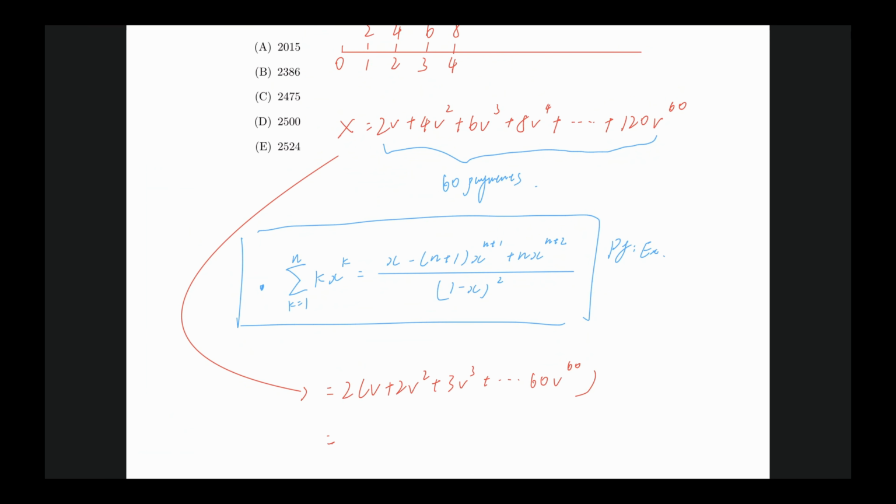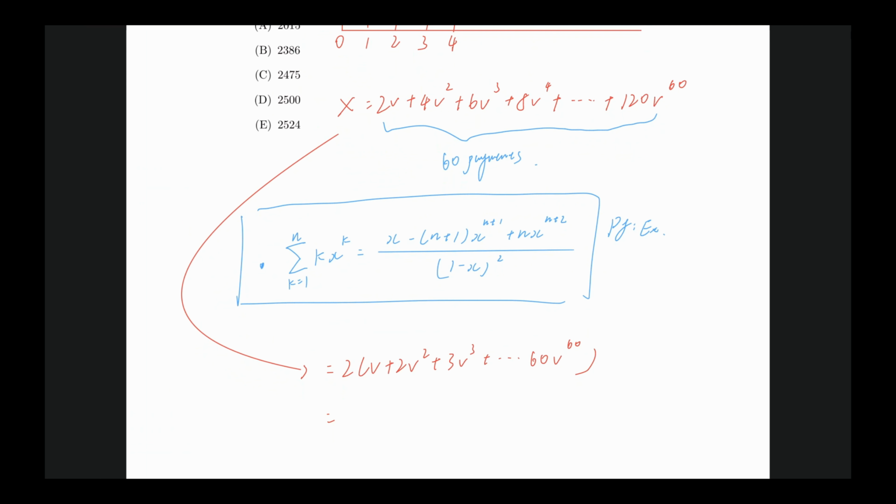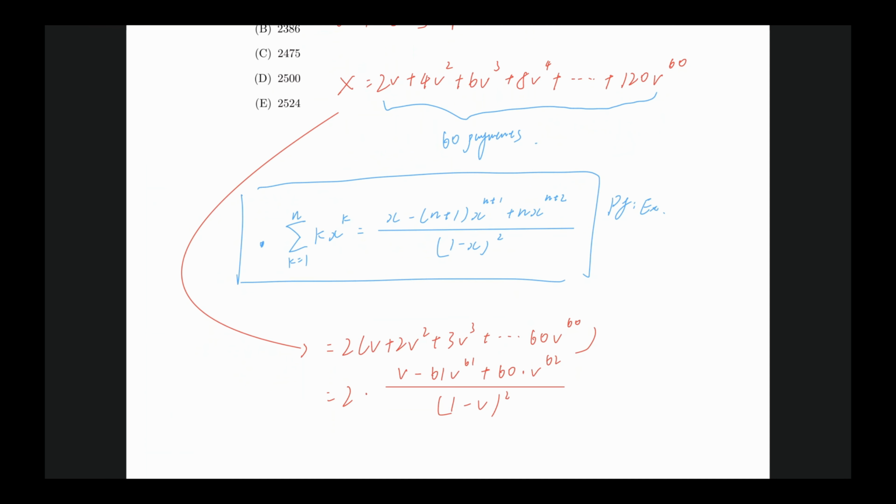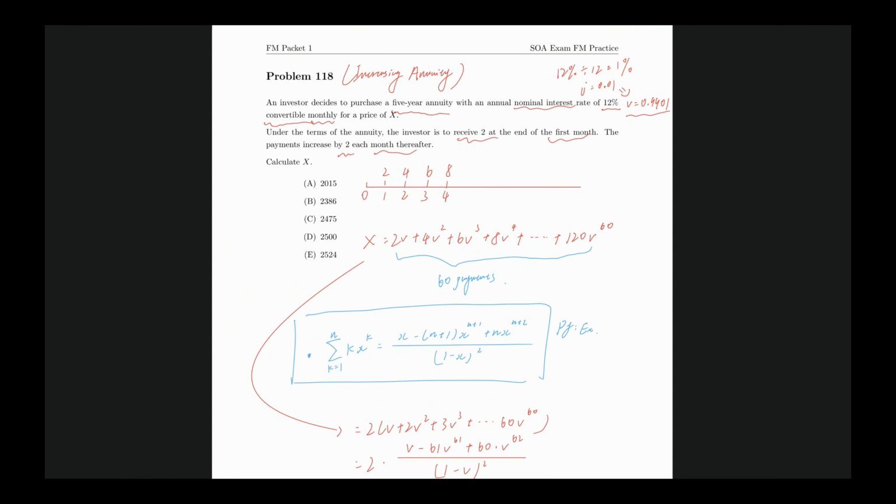And for the things inside, we can use the formula. This is going to be 2 times v minus, so n plus 1 is 61, v to the power of 61, plus 60 times v to the power of 62, all over 1 minus v squared. And we know about v, v is right here.